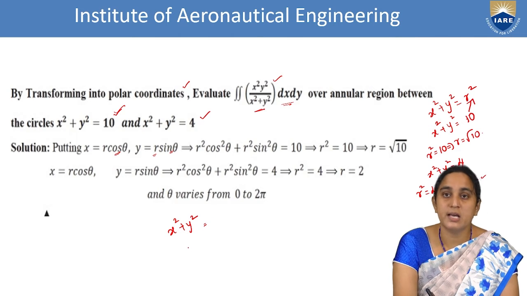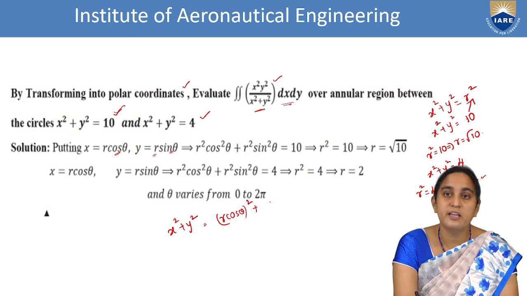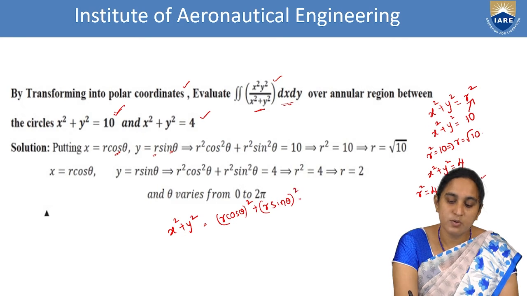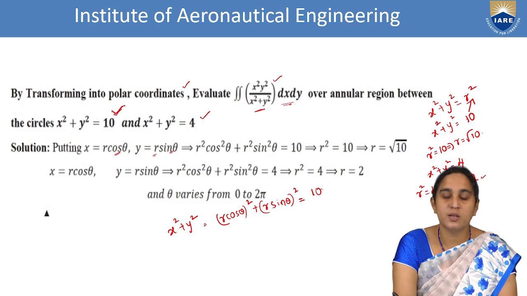So x is equal to r cos theta whole square plus y, that is r sin theta whole square. x square plus y square is equal to r square cos square theta plus r square sin square theta. I'm taking the first equation, that x square plus y square is equal to how much? 10. x square plus y square is equal to 10.